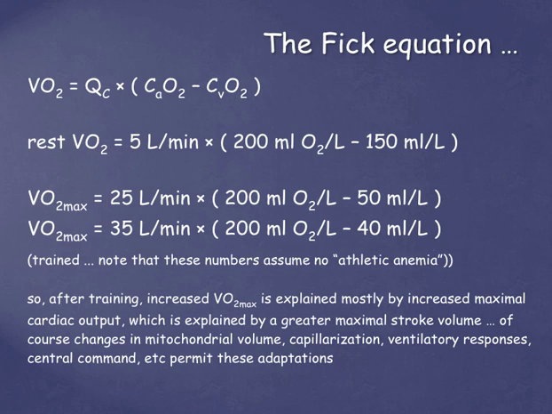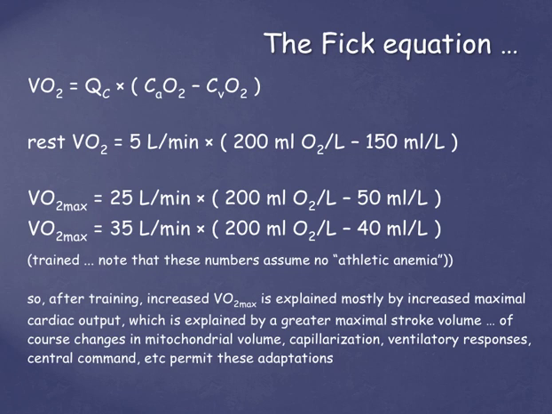In exercise, cardiac output increases fivefold. Content of oxygen in the arterial blood, unchanged. Remember, ventilation is not a limiting factor, so we're still able to load up the blood 100% with oxygen. And again, this ties back to lectures about ventilation and about that S-shaped curve.